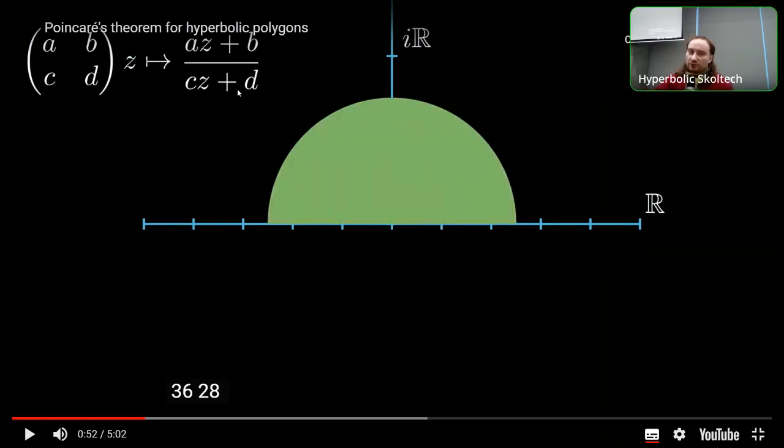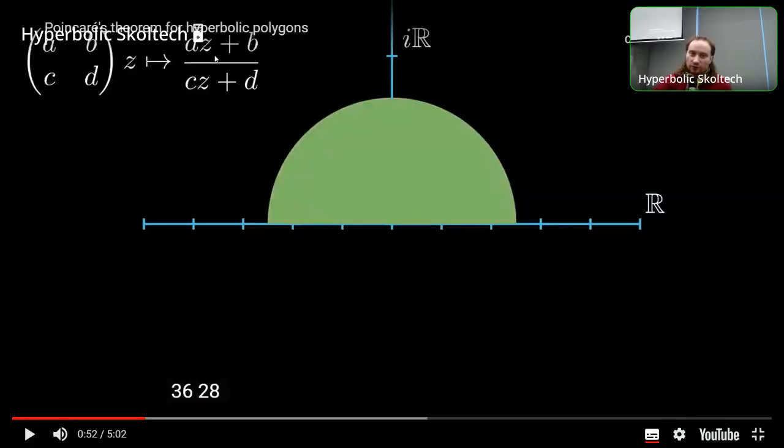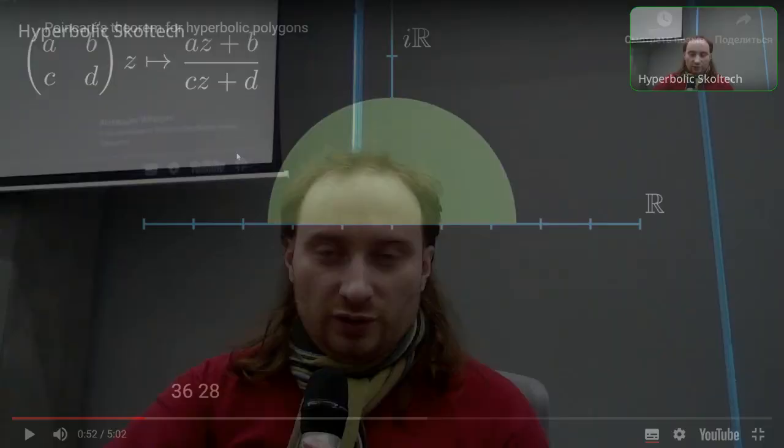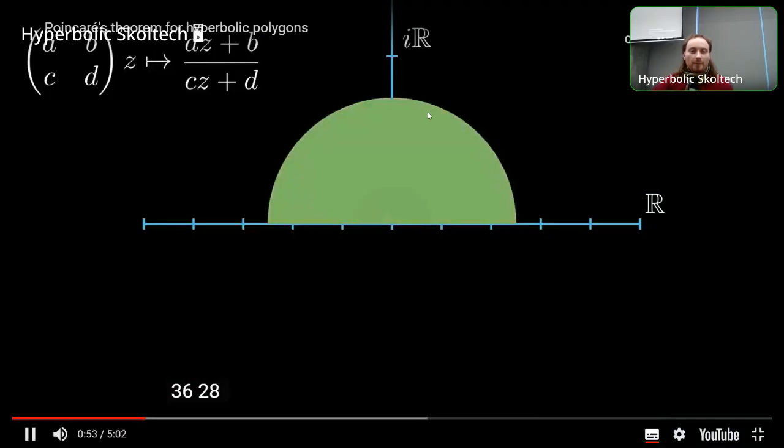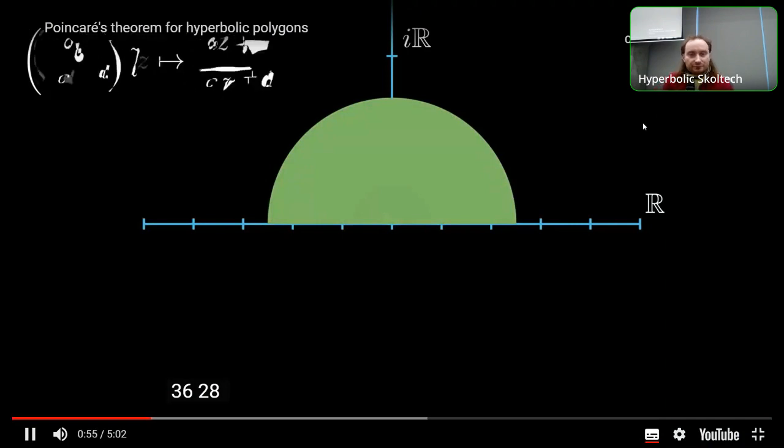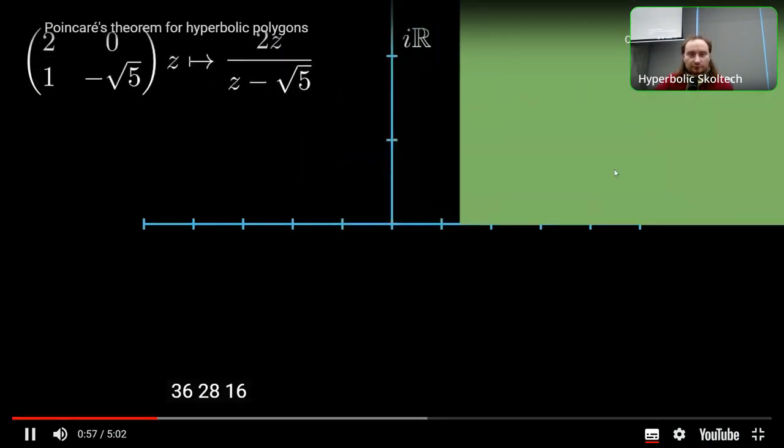If you take the matrix A, B, C, D from this function, and take a composition of two such functions with two different sets of A, B, C, and D, then their matrices will multiply. That's a useful relation, and it is often used.